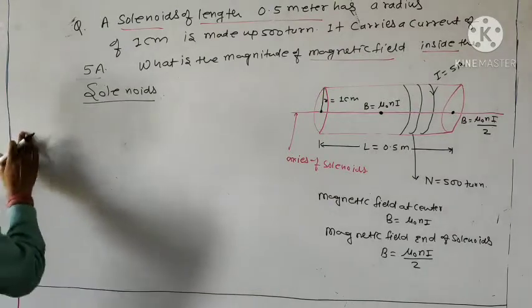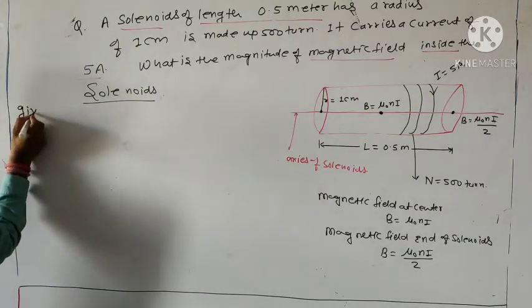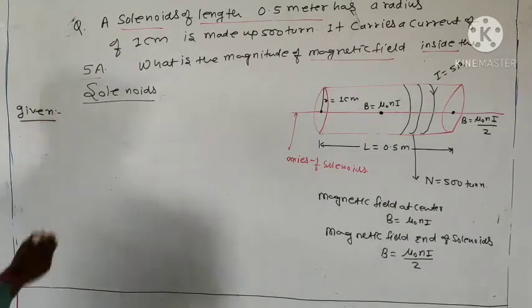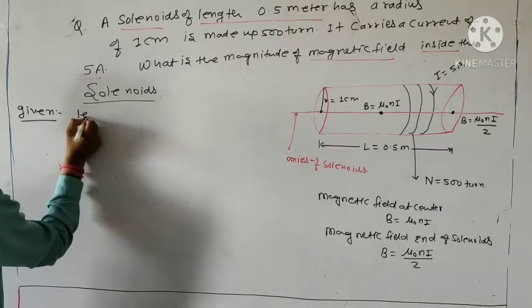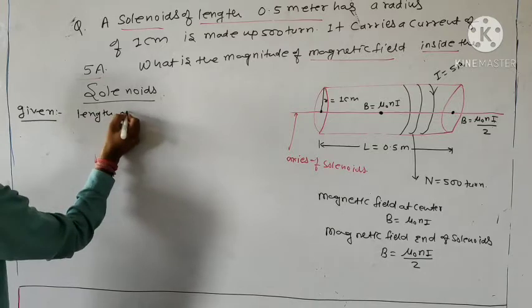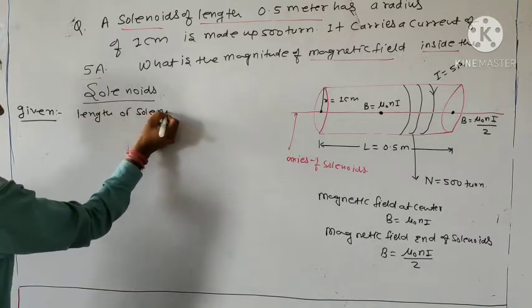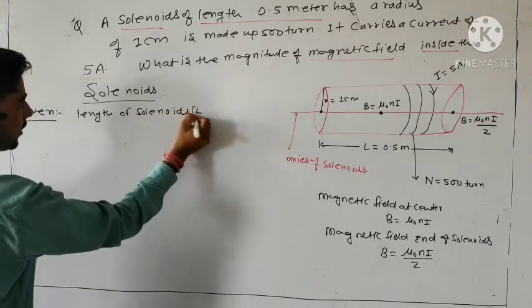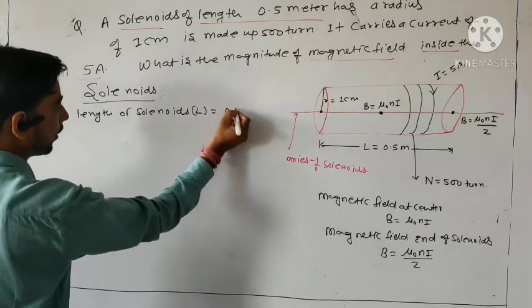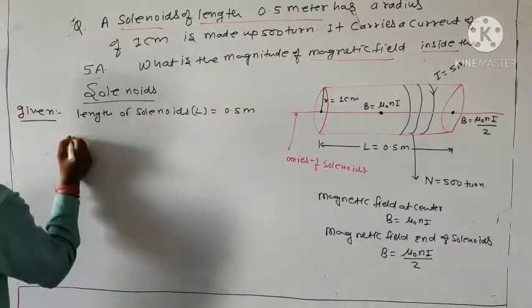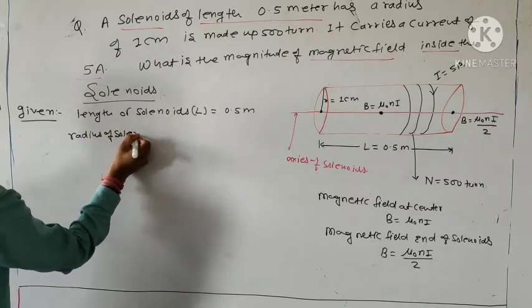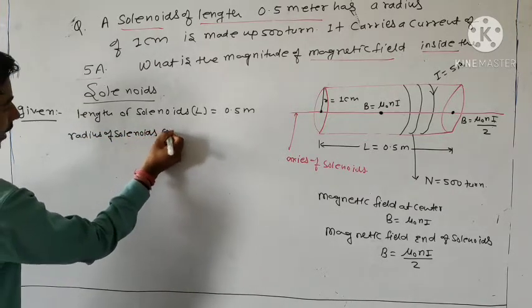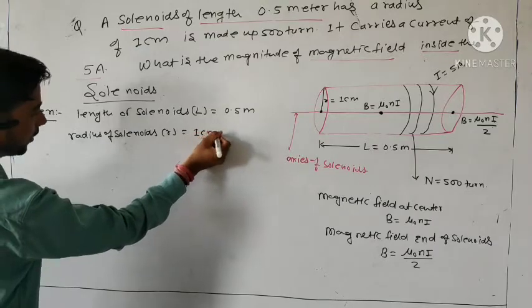The first line, what is given? First, the length of the solenoid L is equal to 0.5 meter. Second, the radius of the solenoid R is equal to 1 centimeter.